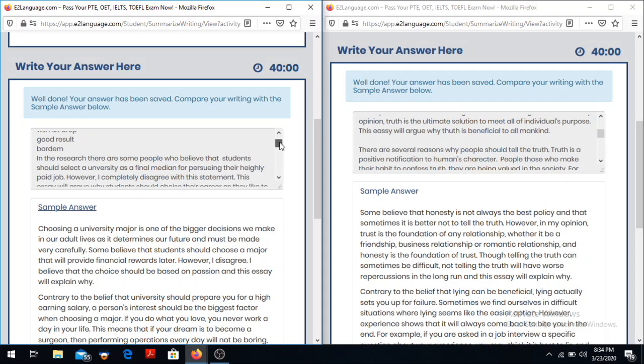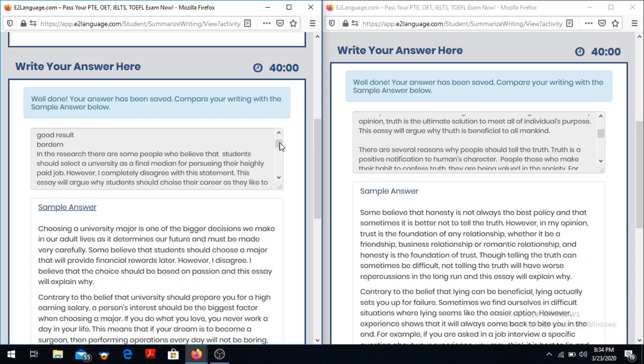I started with the general sentences. In the research, there are some people who believe that students should select a university as a final medium for pursuing their highly paid job.